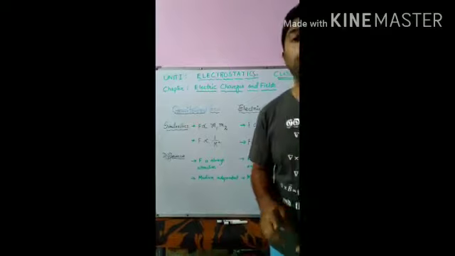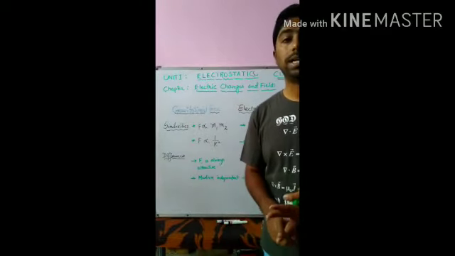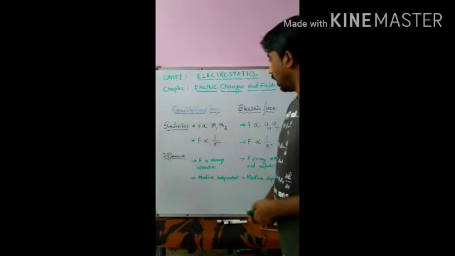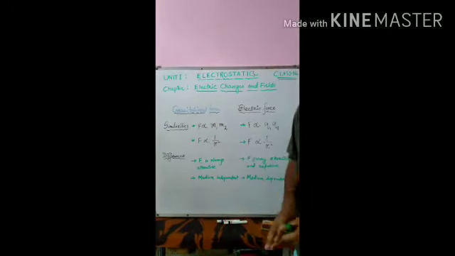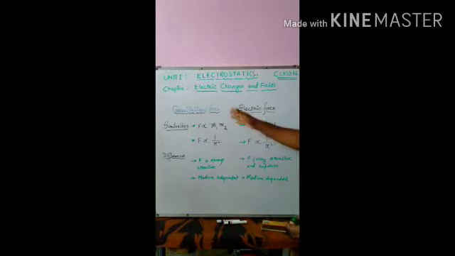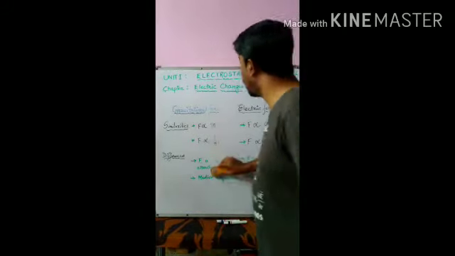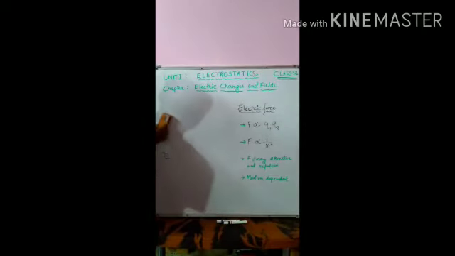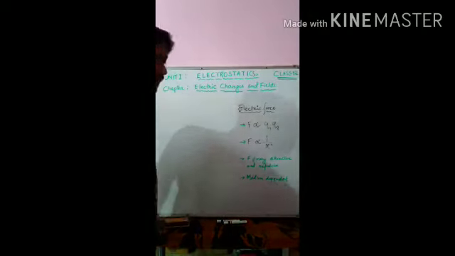These are the four types of interactions that we know till now. Out of these, gravitational force has already been studied in some detail in class 11. But in class 12, our focus is on electric force.